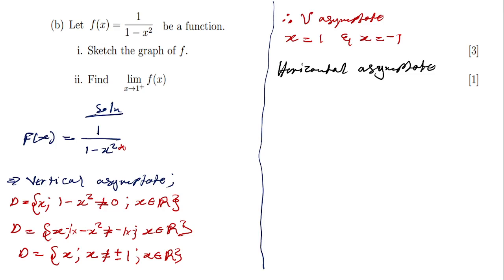The inverse of a rational function is what becomes the horizontal asymptote, such that you have to find the inverse of this particular function.